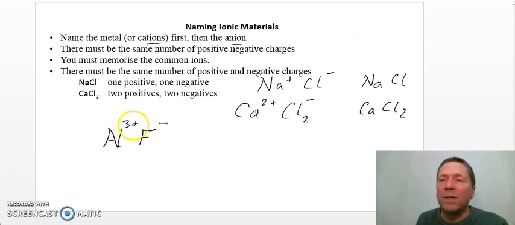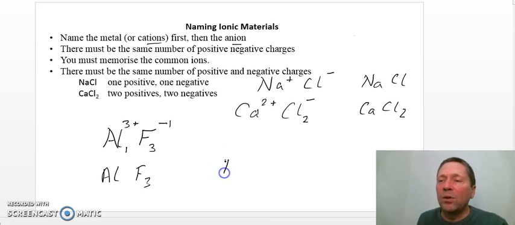So I'm going to take this number here, 3, and put it down here. I'm going to take this -1 here, and put the 1 there. So the formula is Al1F3. But you don't need to put the 1 in. So I'll just take the 1 off, and so the formula is AlF3.